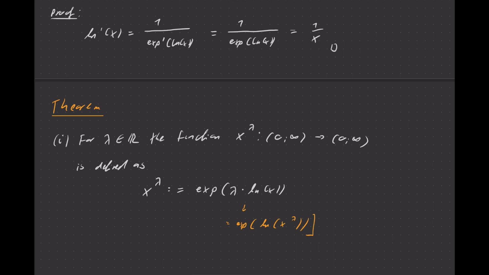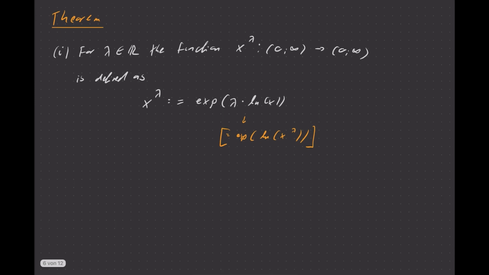So this works for every rational lambda, and we can, of course, with this definition, just extend that to arbitrary real numbers lambda. So this is the definition of arbitrary powers, arbitrary real valued powers. And this function is differentiable.